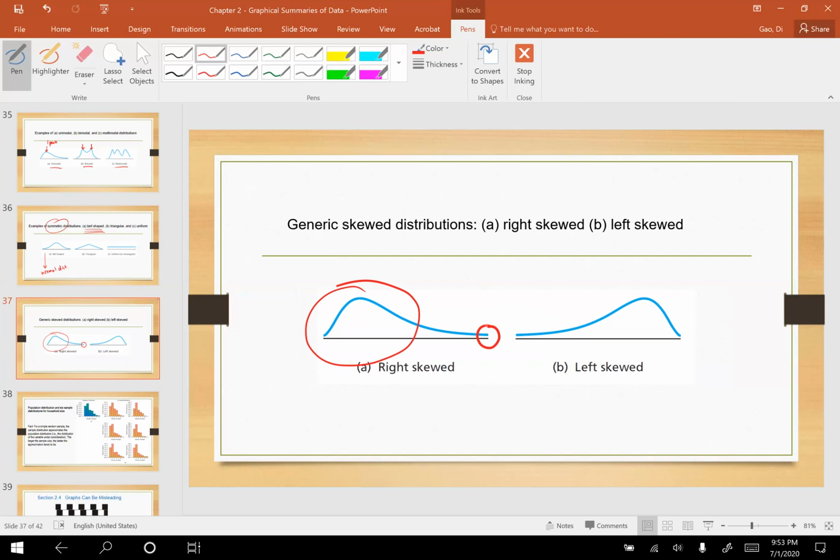This one we call right skewed. And same thing, if you have some unusual small numbers in your data set and the shape is like this, we call it left skewed.